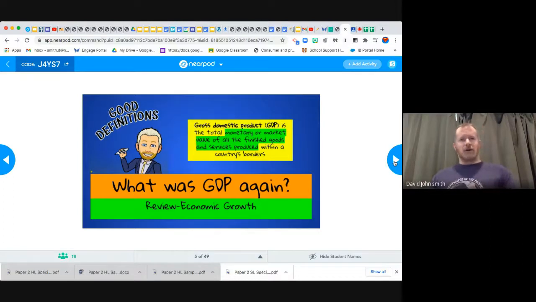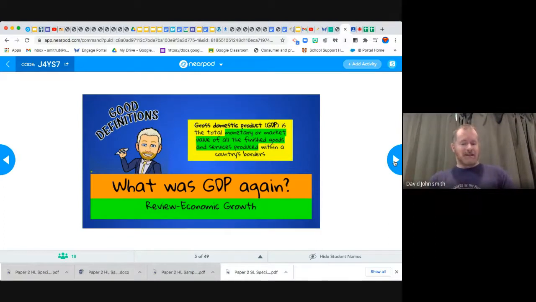And we talked about how GDP, if it was to increase in value, particularly if it was adjusted for inflation, so what we call real GDP, then we would expect to be seeing economic growth, our economy growing.